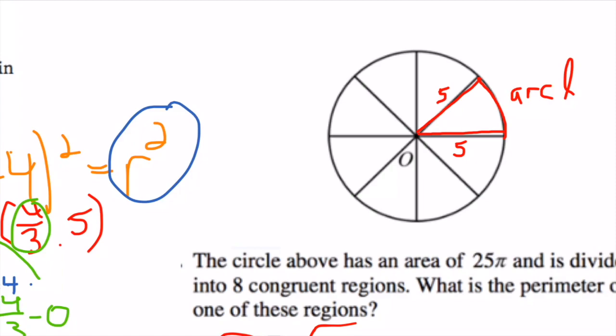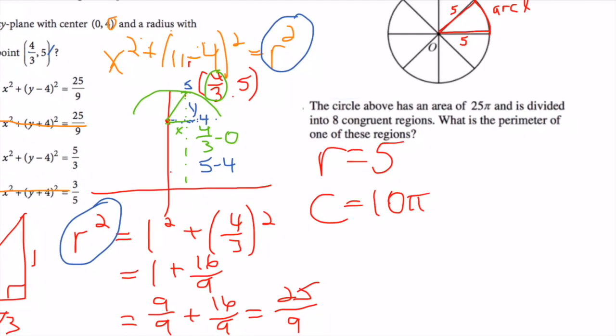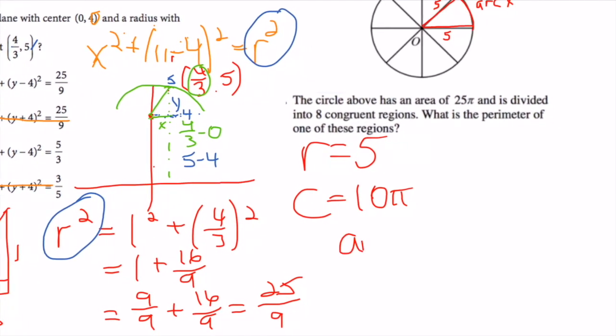Okay, so again, I'm going to go back to that formula. Okay, so arc length equals the amount of my circle normally divided by 360, but now I just know that each portion of this circle is 1 over 8 because it's divided into 8 parts.